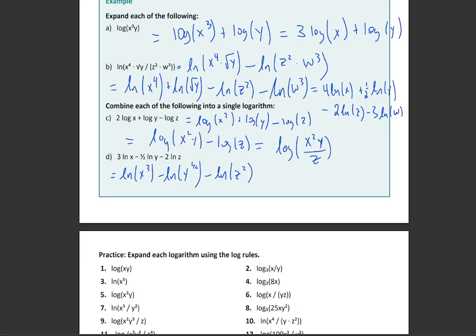So this is really ln of x cubed minus the quantity ln of y to the 1/2 plus ln of z squared. Essentially, I've pulled that minus out to the very front because now I can tell that those 2 here are actually going into my denominator. So this becomes ln of x cubed over y to the 1/2 z squared. And of course, that y to the 1/2 could be written square root y. Either way is totally fine with me.